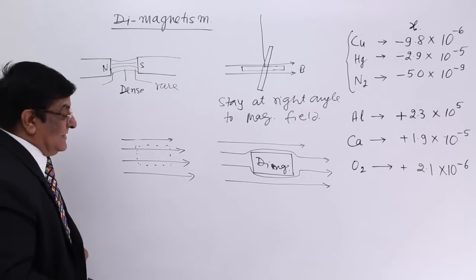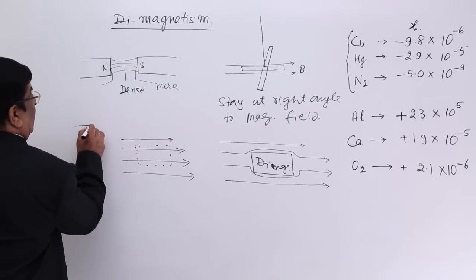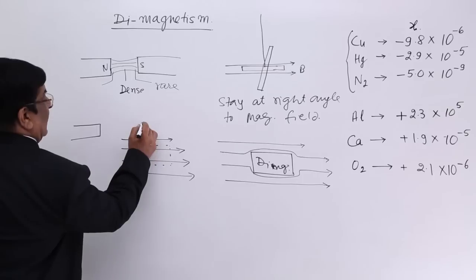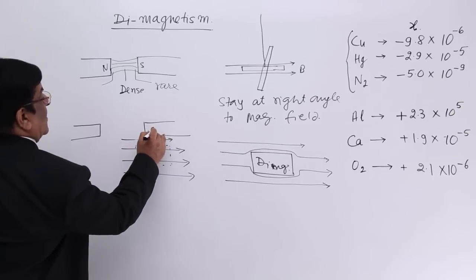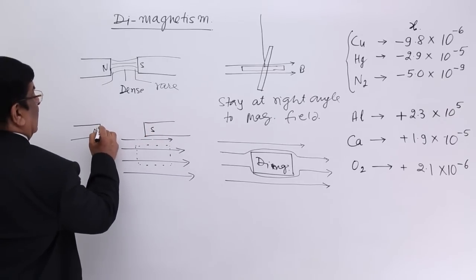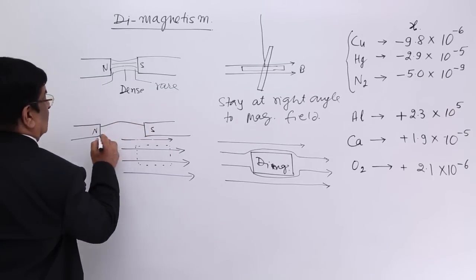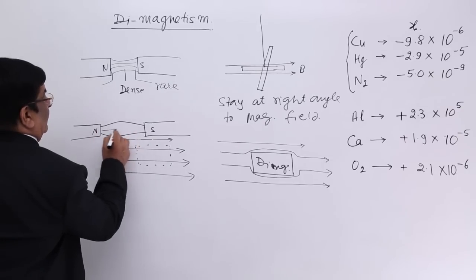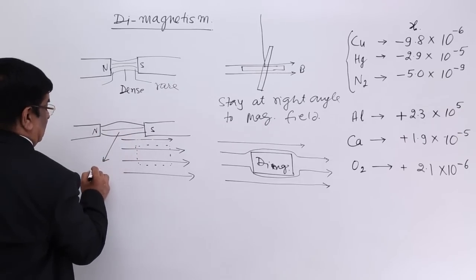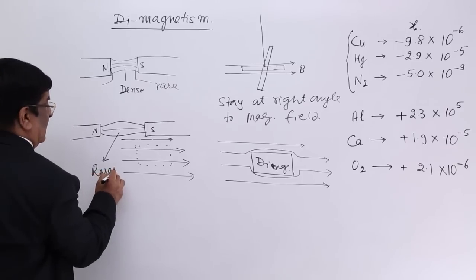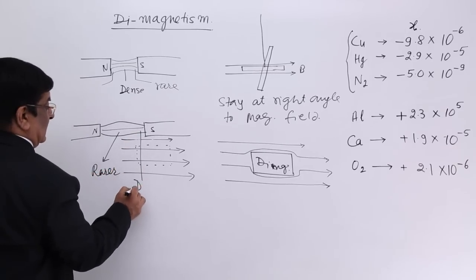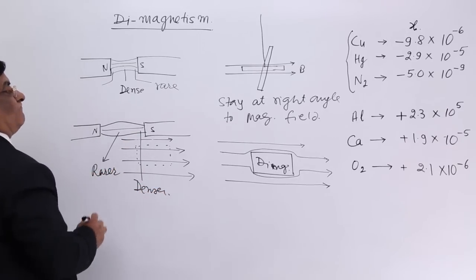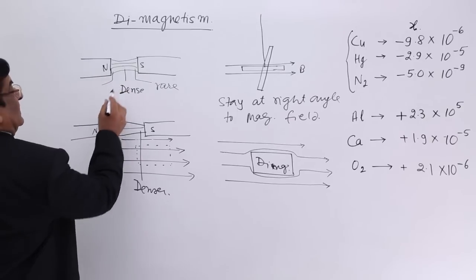If I increase the distance between north and south, then the field goes like this, and here it is rarer and at the corners it is denser.